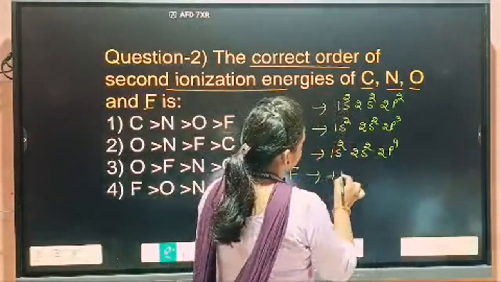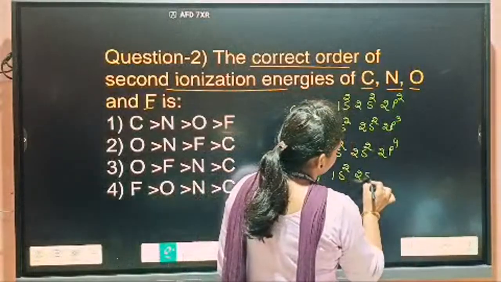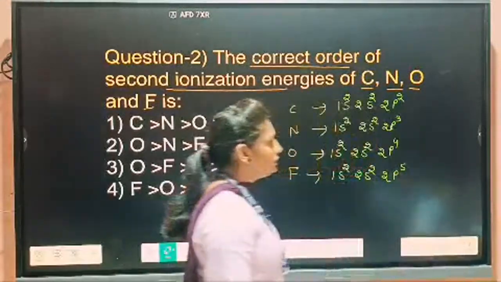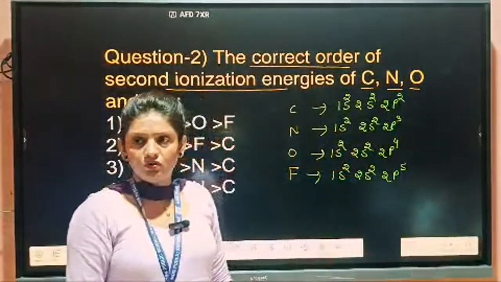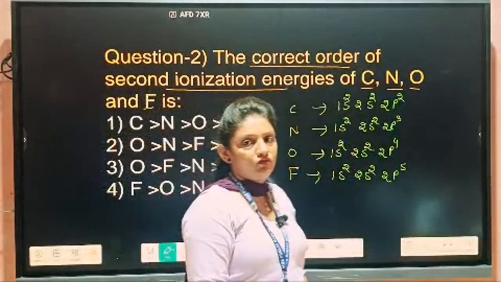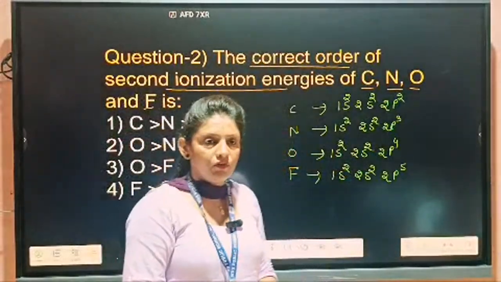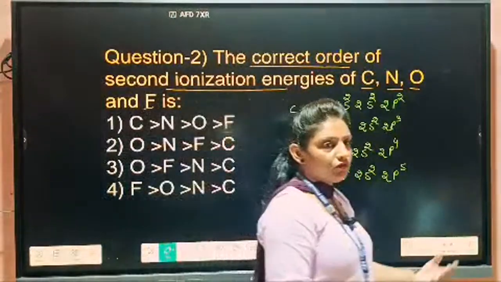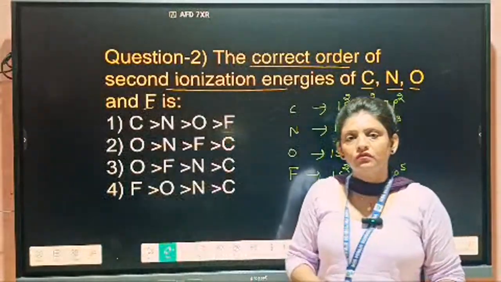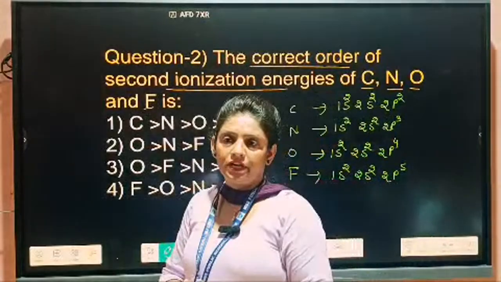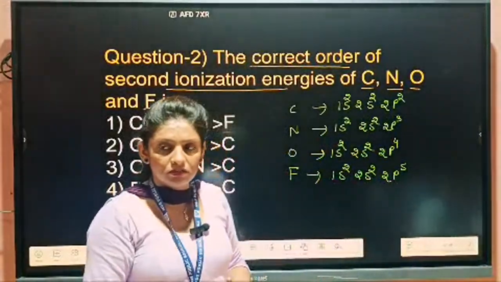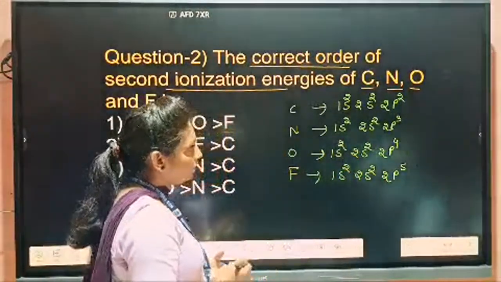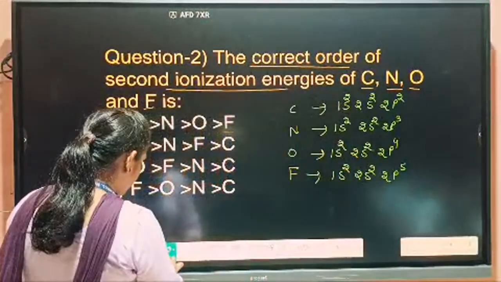And for fluorine, 2p5. Students, the energy required for removal of one electron from the outermost shell is known as the first ionization enthalpy. So first of all, we will remove only one electron.